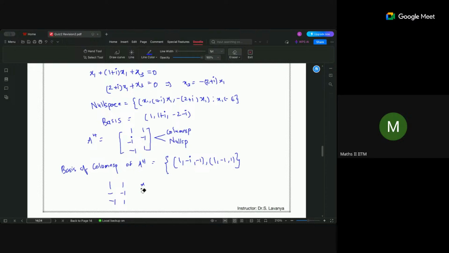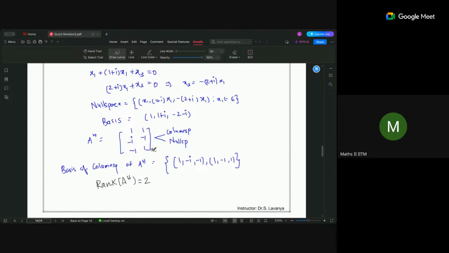What is the nullity of AH? What is the rank of AH first of all? I'm asking what is the rank of AH? 2, right? You have two linearly independent columns, so rank of AH is 2, right? 2 elements in the basis of the column space, right?